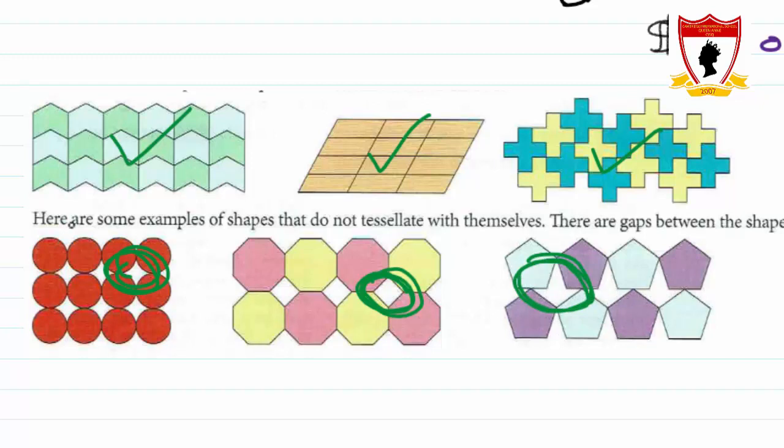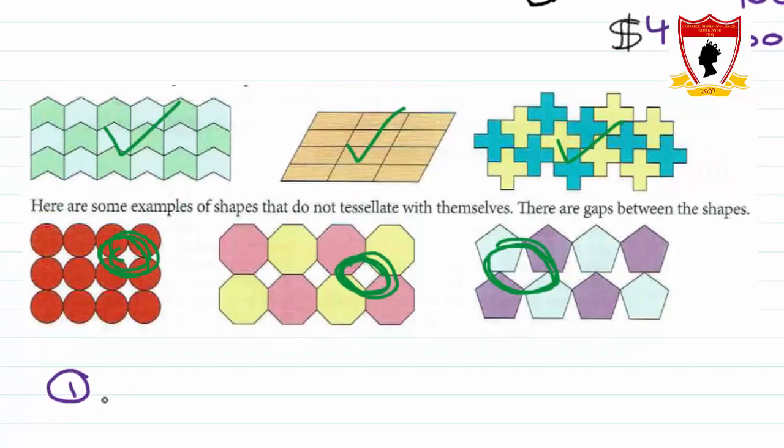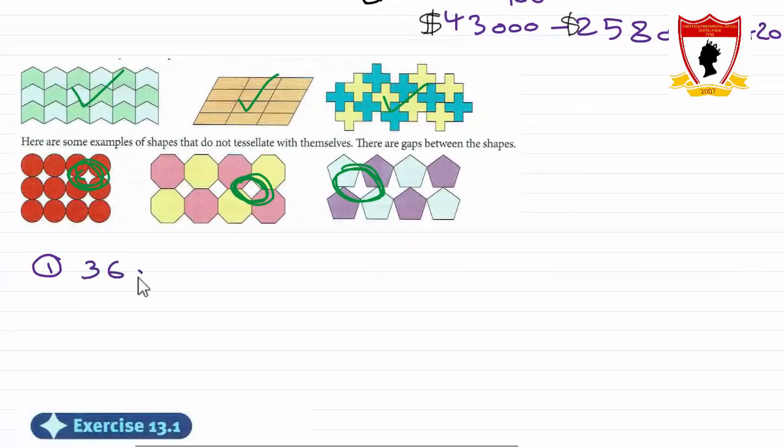That's how we work on them, on diagrams. As for the calculation, sometimes you see a question to check if a regular hexagon is a tessellation. To do that, firstly, hexagon has 6 sides. The first step is always like this, 360 divided by 6. This 6 is the number of sides. 360 divided by 6 is equal to 60.